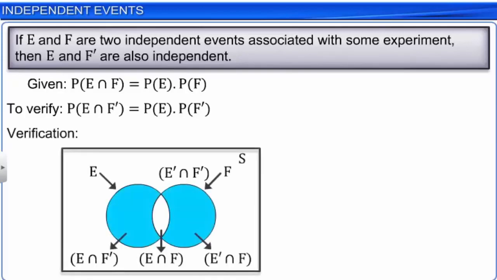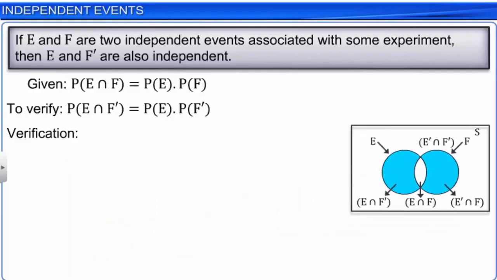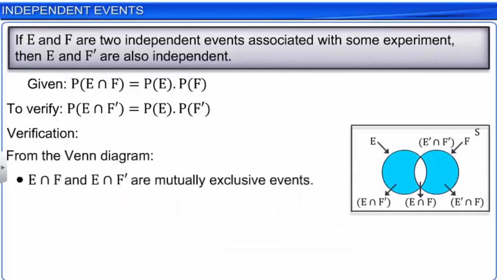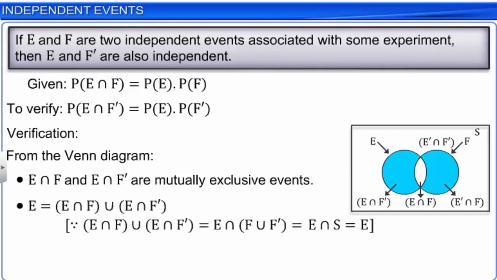Let's begin with the proof. It is clear from the Venn diagram that events E intersection F and E intersection F complement are mutually exclusive. Also, E is equal to E intersection F union E intersection F complement.